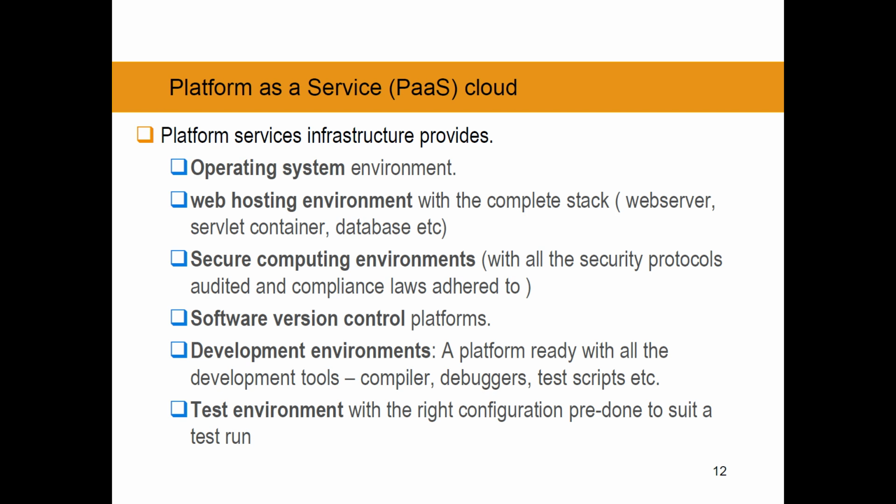And then another feature of platform as a service, normally a software version control platform. It looks like GitHub, right? Git. I said before, for software developers, you need to know about Git, right? How it works. This is one of the version control platforms.